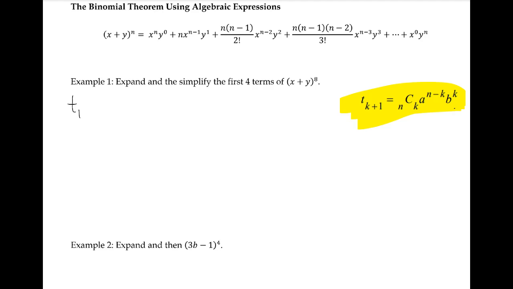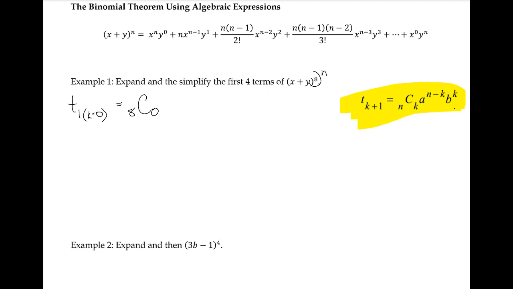So term 1, that would mean that k would equal 0, right? Because it has to be k plus 1 gives me that term number. So I'm going to do n, which is my exponent. So 8, choose 0.